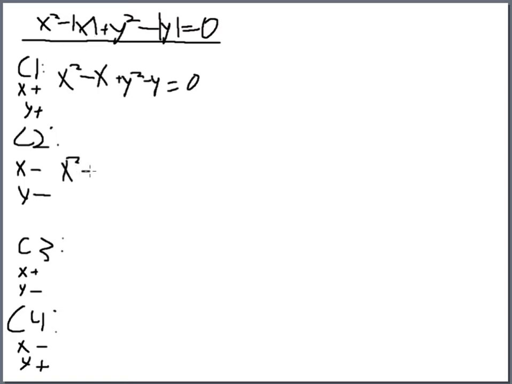However, you're going to have x squared plus x plus y squared plus y when x is negative and y is negative, because the absolute value of a negative number is the negative of that number, and the negative of a negative gives you a positive. So the negative of negative x gives you plus x.